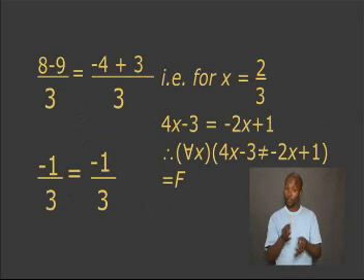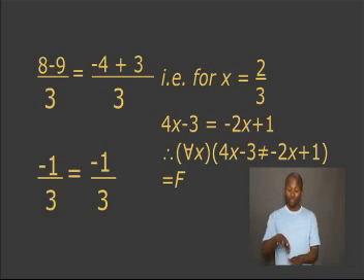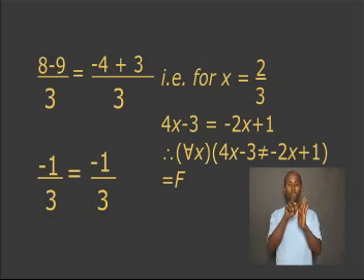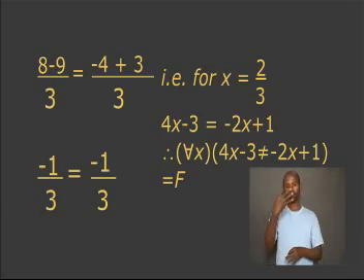If we take x to equal 2 over 3, we find that each side of the equation is negative 1 over 3. So the truth value of this statement is false. I hope that you found the same answers, everyone. We have time for one more activity.